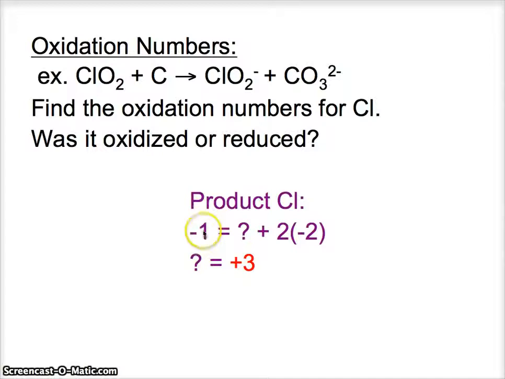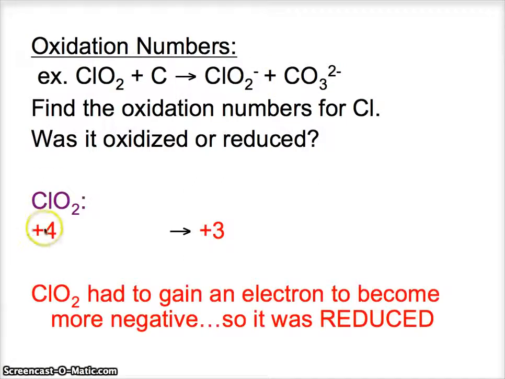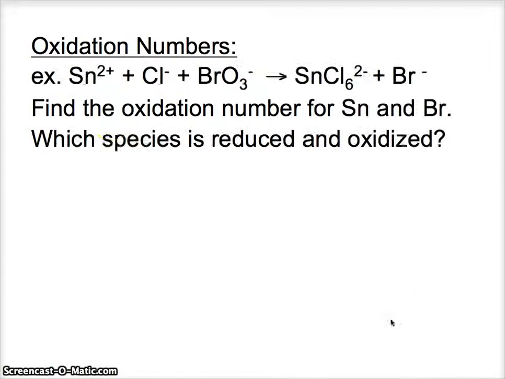Remember that the total charge on the species was -1. As a result, if you compare the two, you start with +4 for chlorine and you end up with +3 as a product. So in order to go from +4 to +3, it must have gained an electron. So it was reduced.